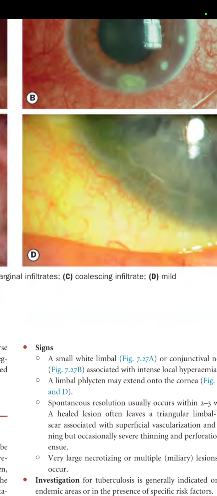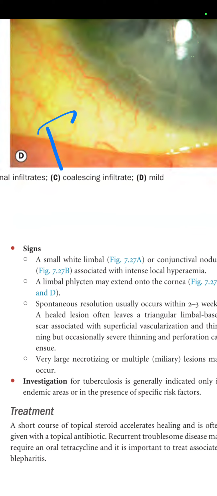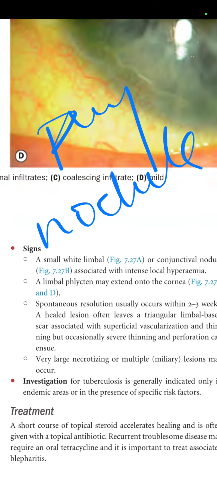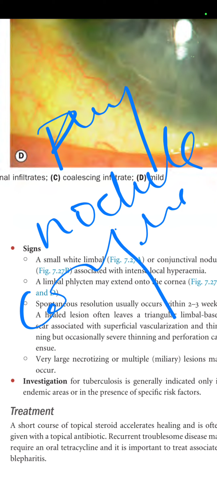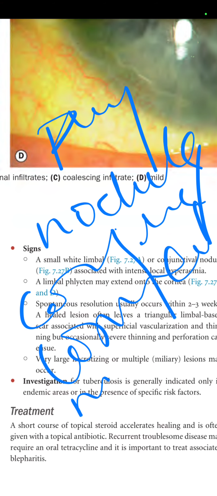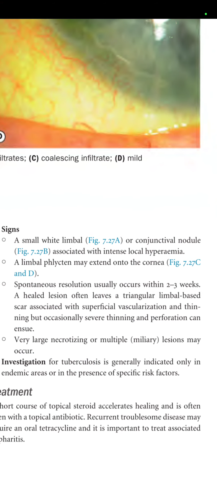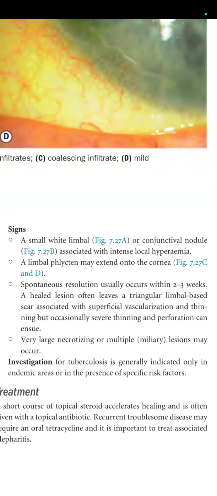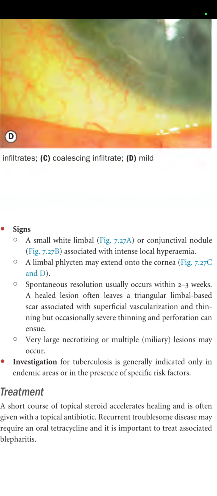So one thing with phlyctenulosis you should always remember is a nodule. There can be a conjunctival or a corneal nodule in this case, and this is going to be limbal. A small white limbal or conjunctival nodule associated with intense local hyperemia.